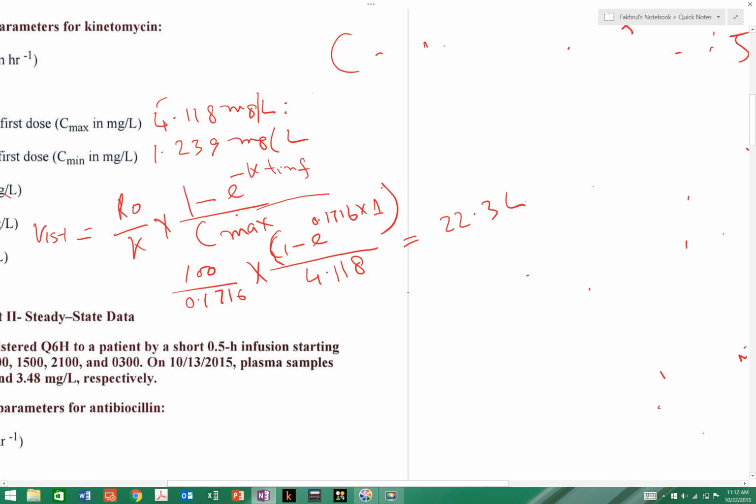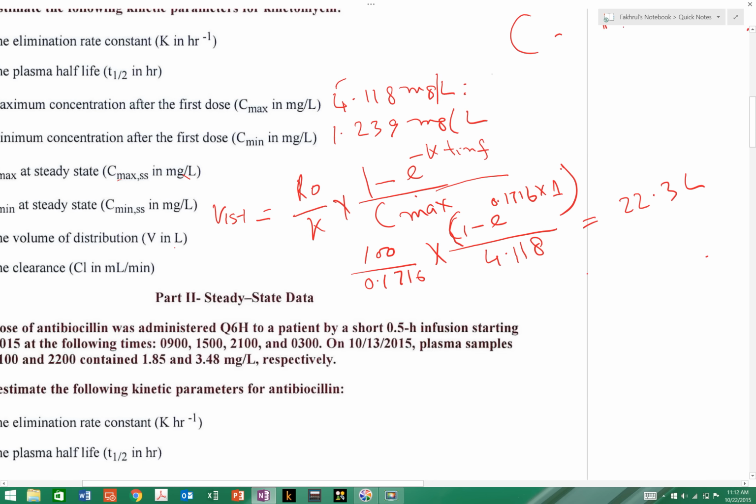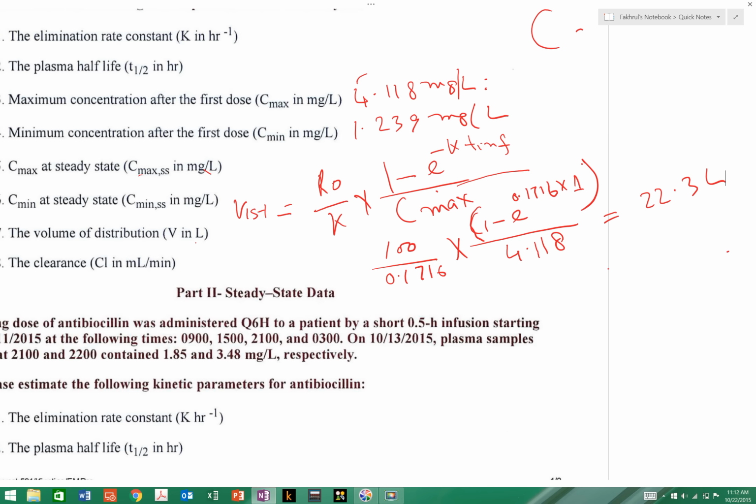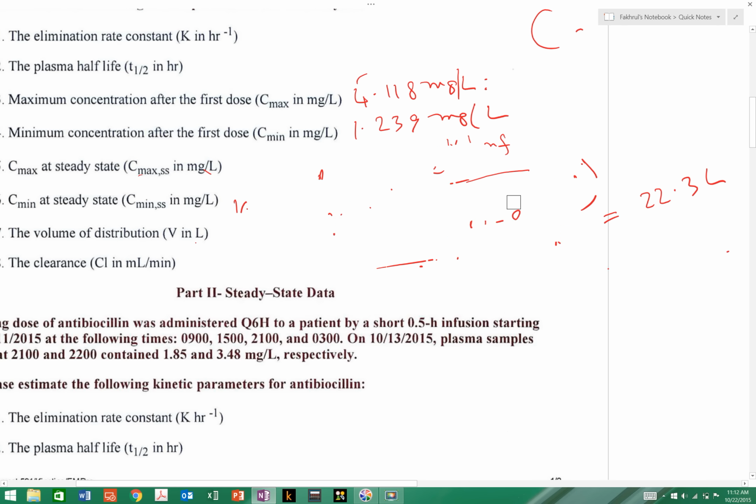And remember, this is the real volume of distribution, which took into consideration the elimination during the infusion time. So now you have your volume of distribution and you have your K, so how are you going to calculate your clearance? That's easy.